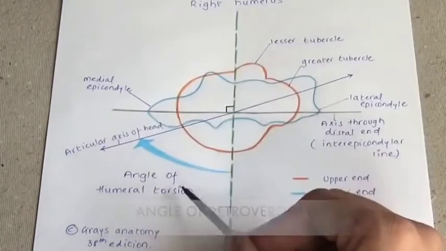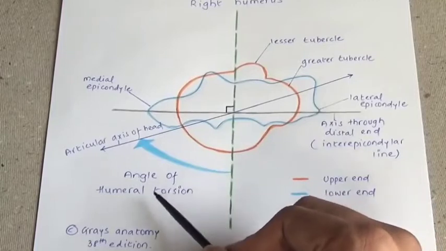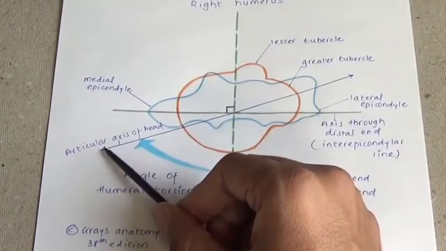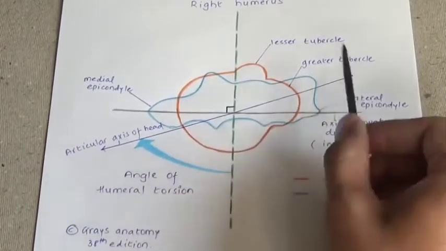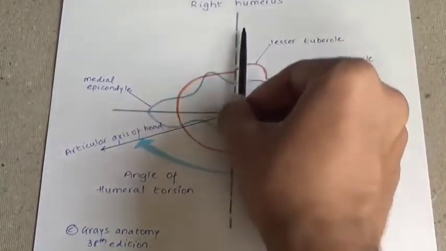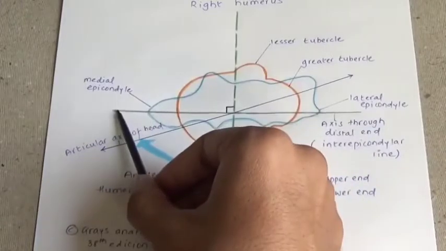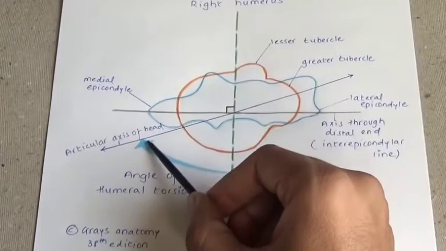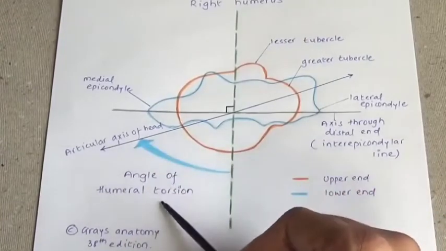Over here another angle is shown, and that is termed the angle of humeral torsion. What is it? It is an angle between the articular axis of the head and the plane which is perpendicular to the axis passing through the distal end. So an angle is formed between these two, which is termed the angle of humeral torsion.